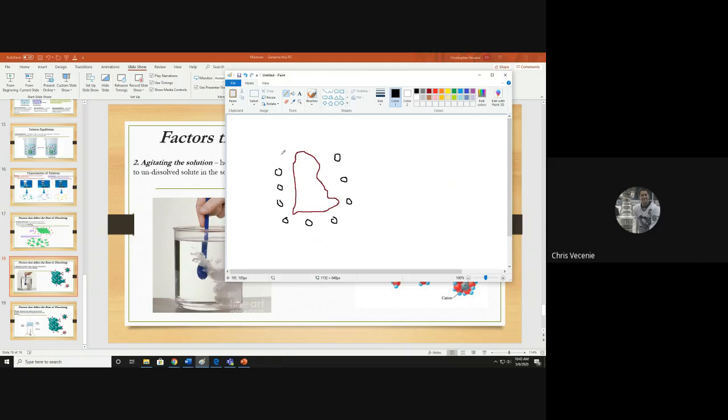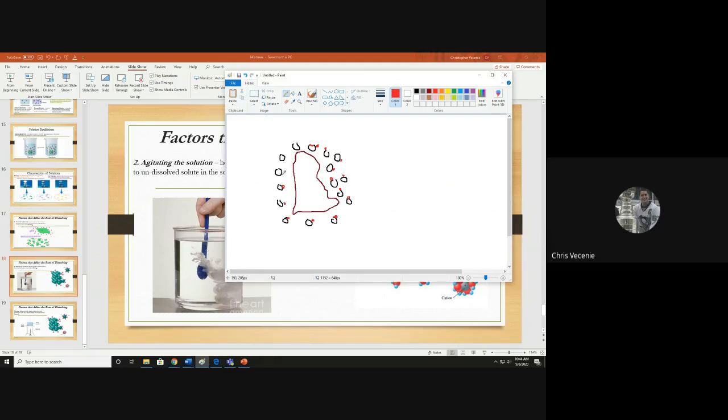And it's those waters that attack it. But the catch is, after a little while, the waters are all stuck to ions that they've already dissolved.